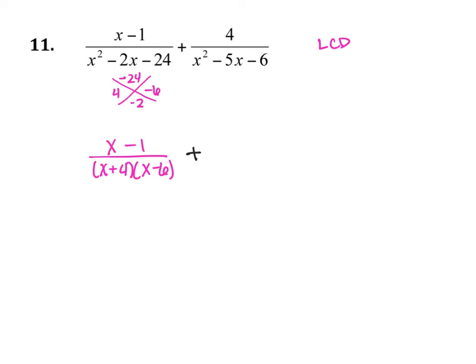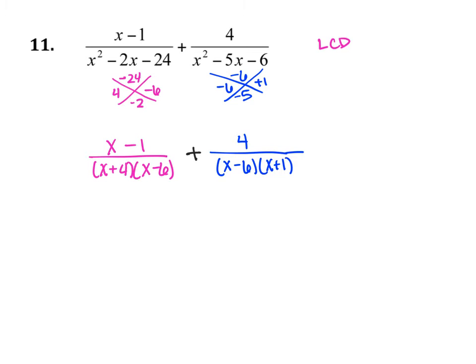plus the second fraction. What multiplies to negative 6 and adds up to negative 5? That would be negative 6 and positive 1. So I can rewrite the second fraction as 4 over x minus 6 times x plus 1. Now, if I give you a problem like this, where you had to factor both of them, they should have something in common.